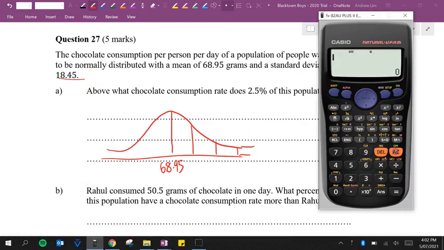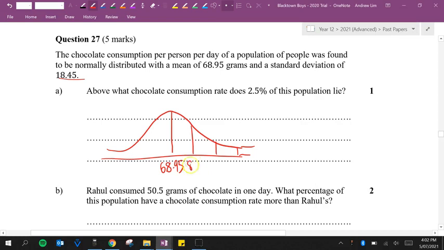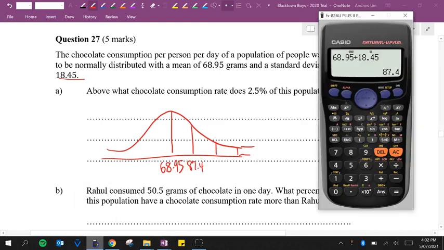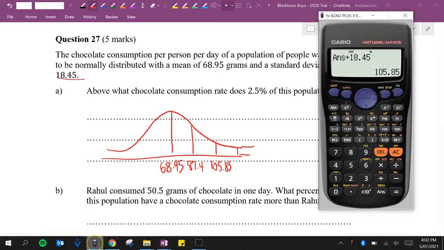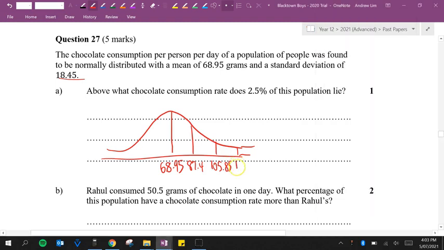So we have 68.95 plus 18.45, 87.4, plus 18.45, 105.85, 124.3.